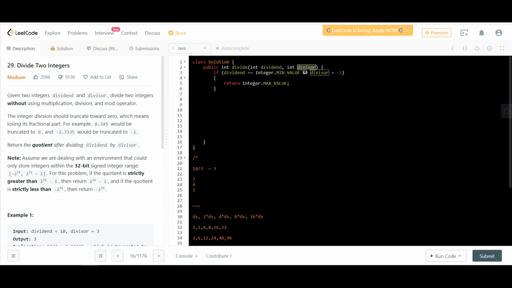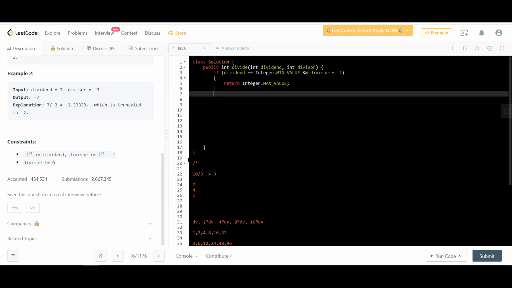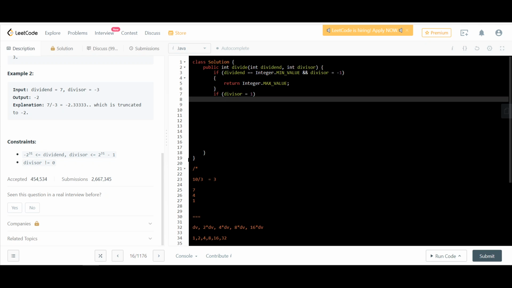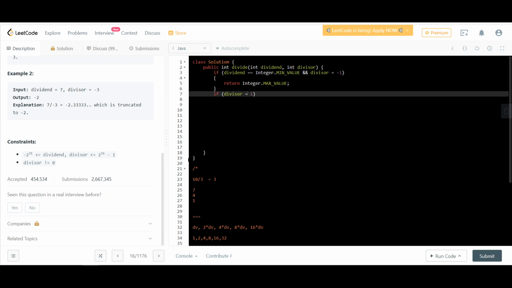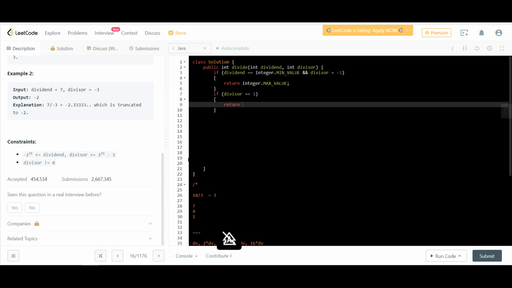We can't have divisor equal to 0, and the problem clarifies the divisor cannot be 0. So we don't have to handle it. Another basic edge case is if my divisor is just 1. Probably it can be handled in the code as well, but if divisor is 1, I'll just return dividend.